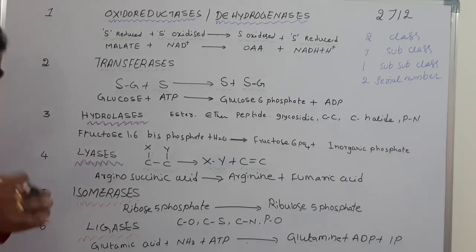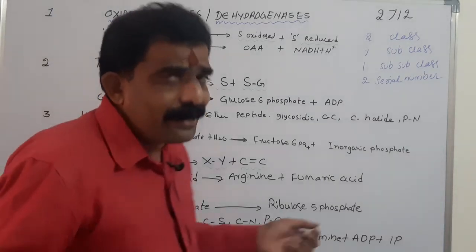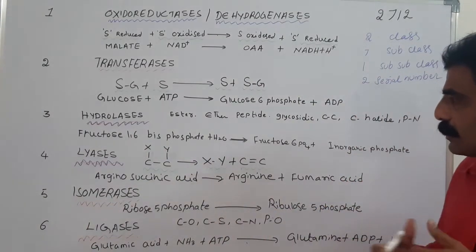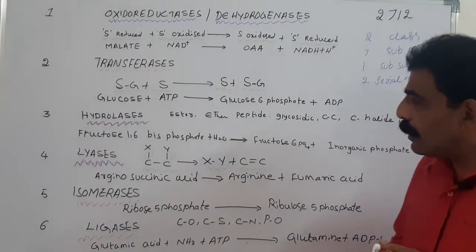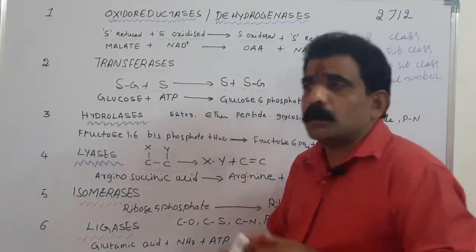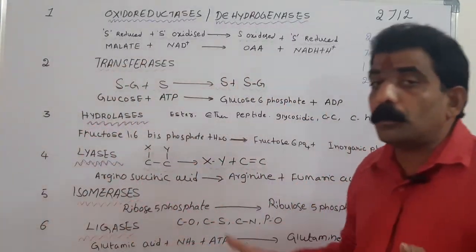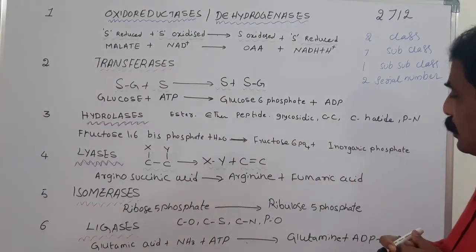Coming to the sixth class of enzymes, ligases. Lyases and ligases are pronounced somewhat the same, but they are different. Lyases are responsible for the breakdown of bonds, whereas ligases are responsible for the synthesis of bonds.